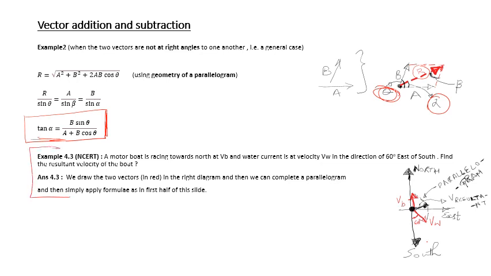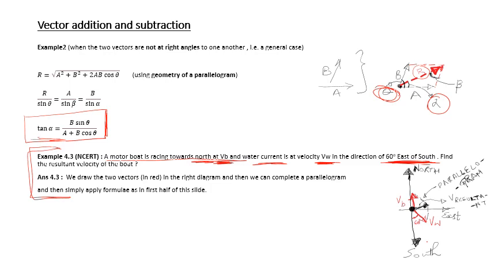The question reads here: a motorboat is going towards north at a velocity of VB, and the water current has a velocity of VW, and it is in a different direction. It is 60 degrees east of north.